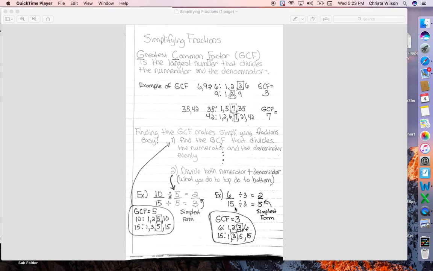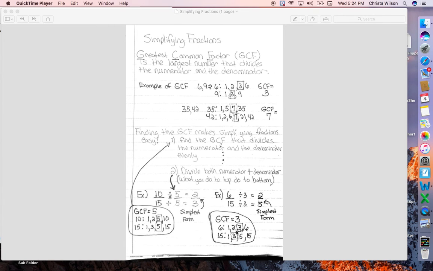So here's another example, 6/15. I factored 6, okay, and there are 4 factors of 6, and then I factored 15: 1, 3, 5, and 15. These are all the numbers that we could put together to possibly make 15. And the greatest common factor they have is 3.